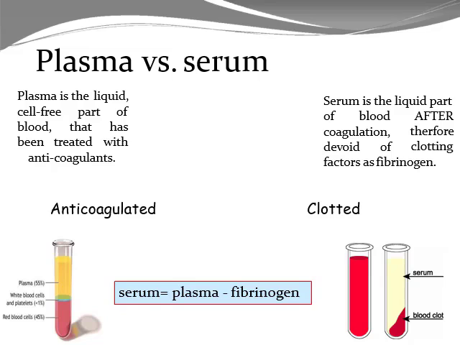It has been allowed to clot, and after clotting, the liquid portion that remains is defined as serum. So basically serum will lack coagulant factors such as fibrinogen and prothrombin. These factors will be lacking in the serum.